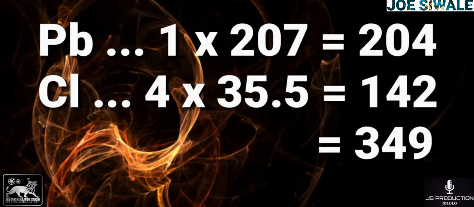So that is going to give me 207 when I multiply 1 by 207. Then coming to chlorine, the number of atoms in the chemical formula is 4, multiplied by the mass number of chlorine, which is 35.5. So 4 multiplied by 35.5, I'm having 142. So 207 plus 142.